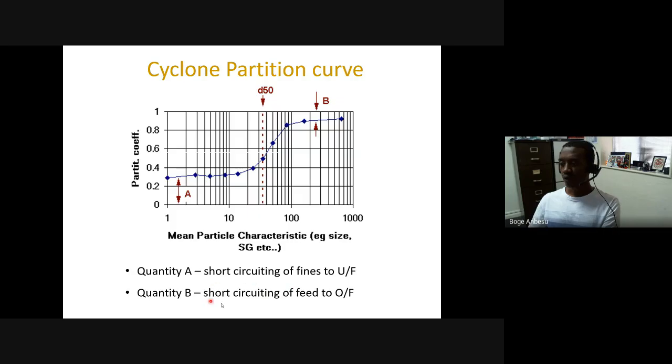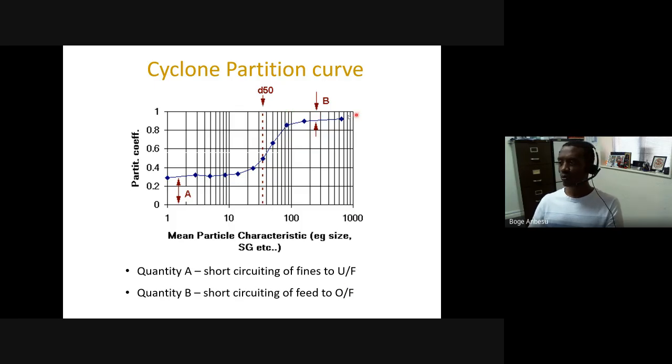Or you can have particles directly going to the overflow without being classified. Again, this can be represented by B here. And if the working condition of the cyclone, the pressure drop in the cyclone, is not as required, then you can have feed particles short circuiting to the overflow, which means coarse particles are going to the overflow, and that will bring an error.